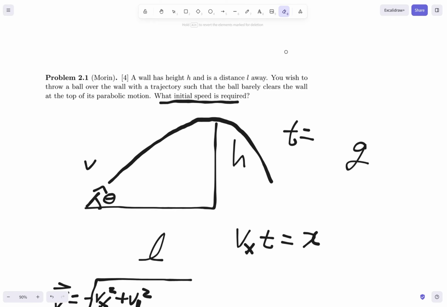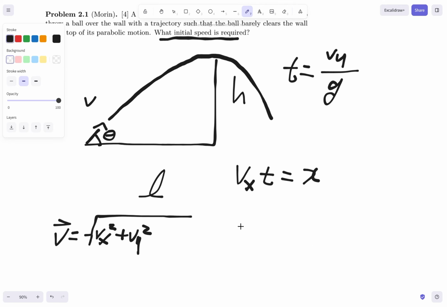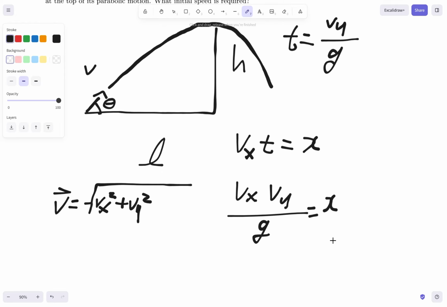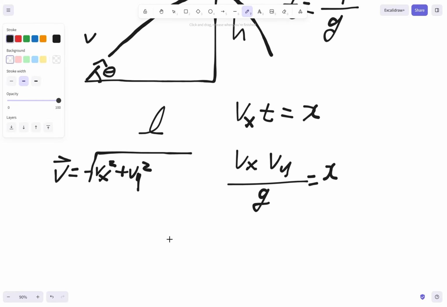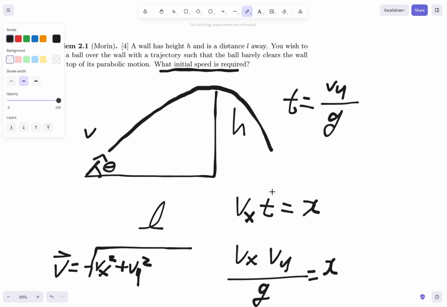I remember saying there's no trig functions. I know what this is: Vy all over g. So Vx Vy all over g equals X. Honestly, this looks a little wonky, but I think we could make it work. Okay, yeah, we should be fine.